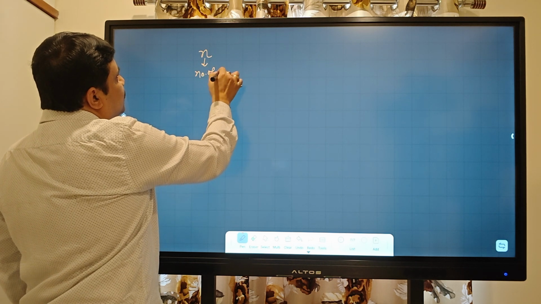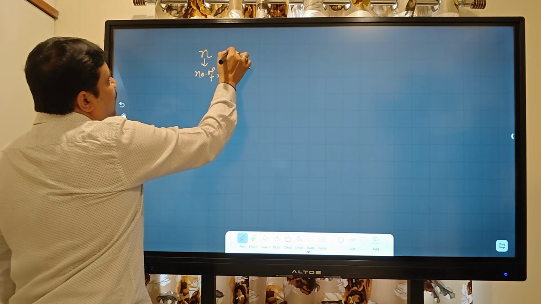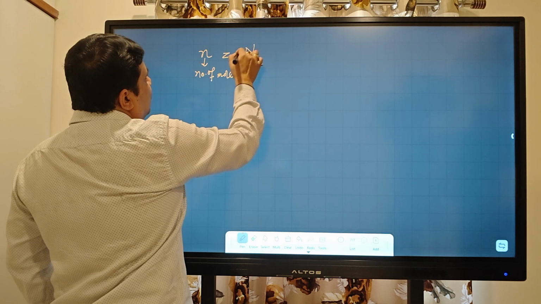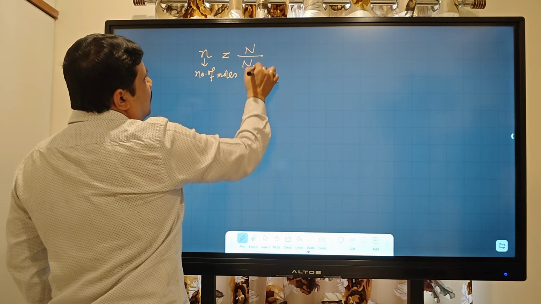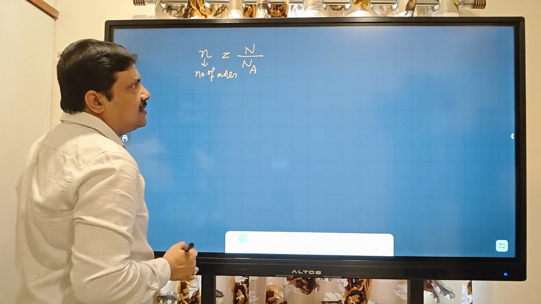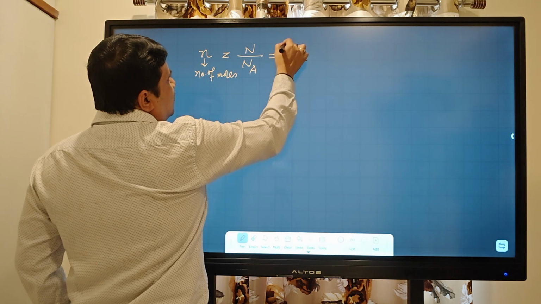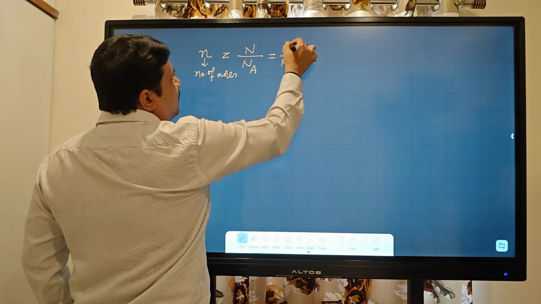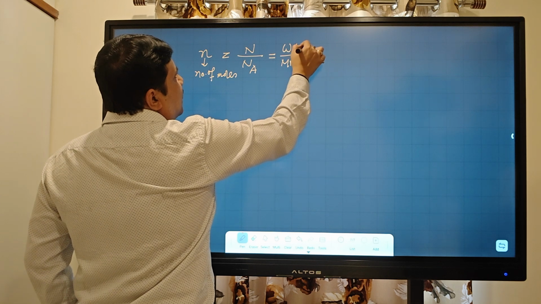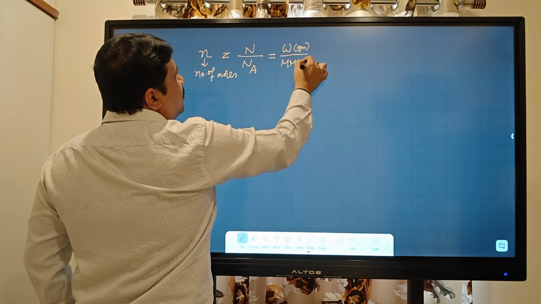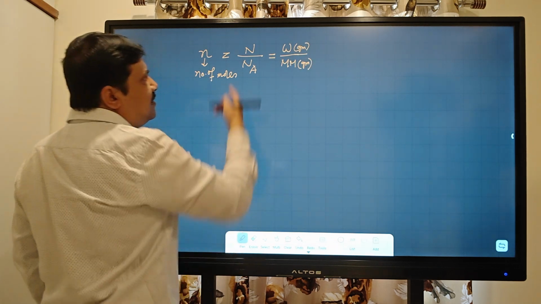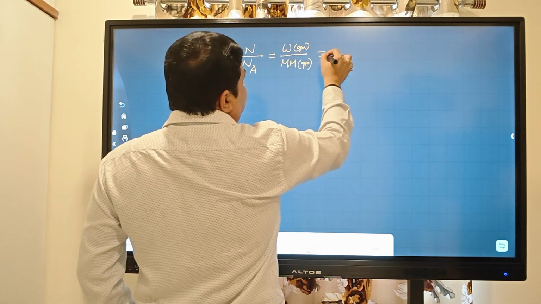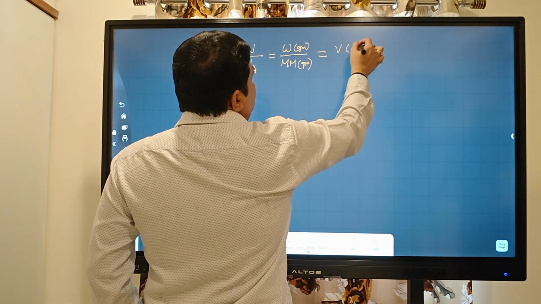Number of moles in terms of a number is given number by Avogadro number. In terms of a mass, given weight by molar mass. W is in gram, given weight, and molar mass also is in gram. And in terms of a volume, given volume in liter.